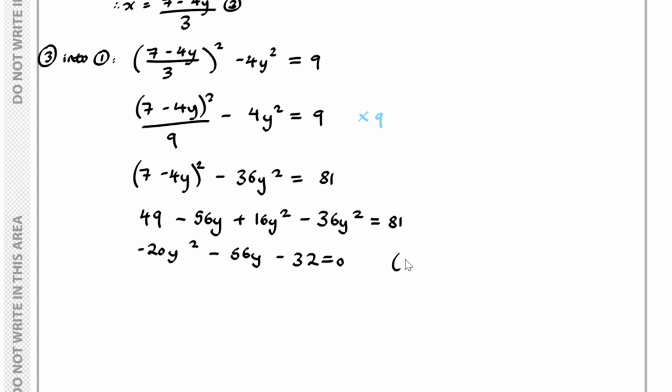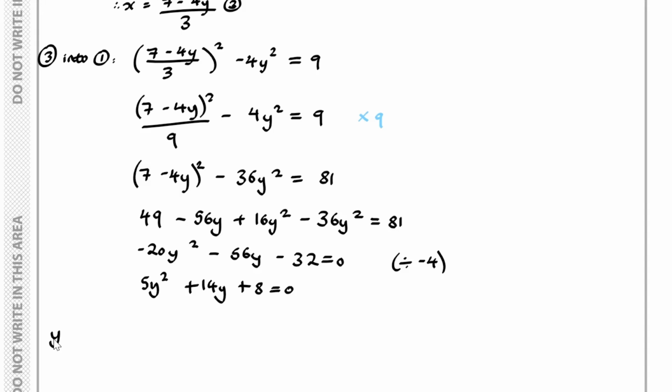And if I divide this now by minus 4, we end up with 5y squared plus 14y plus 8 equals 0.